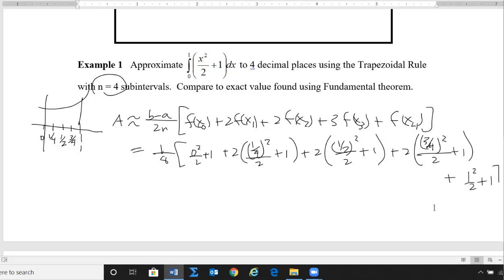That's our last term. Okay, so it's really just arithmetic from here. If you have a large value of n, then you might try to enlist your summation features on the calculator to get this done, but we can get this one done by hand.